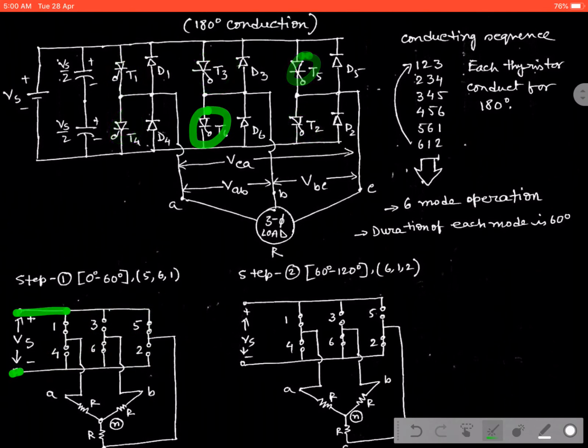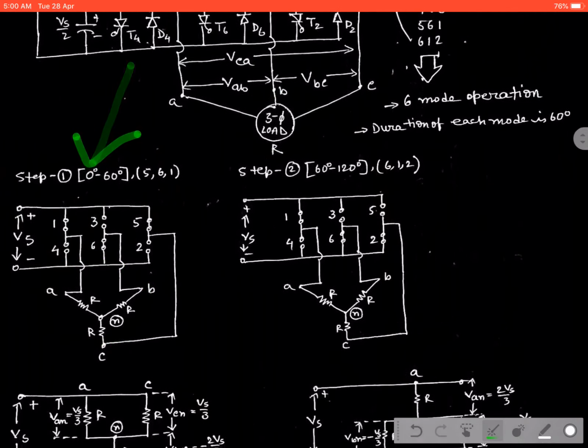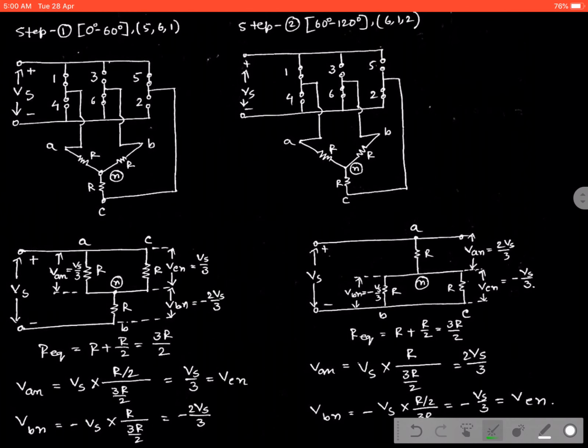A star-connected three-phase load is there, and similarly a star-connected three-phase load is there. That means both circuits are actually the same, but due to the switching triggering pulses the behavior of the circuit differs, which is why we have taken these equivalent circuits for the 4-mode operation.